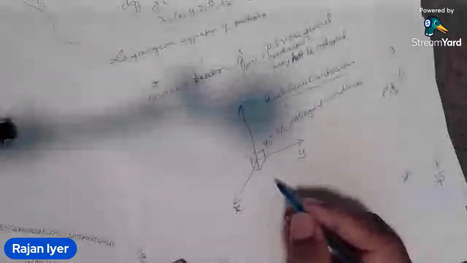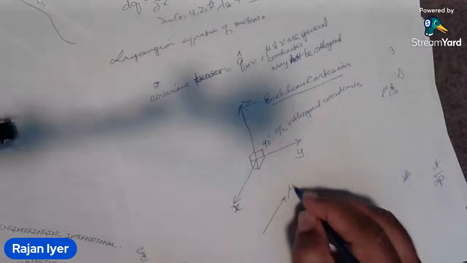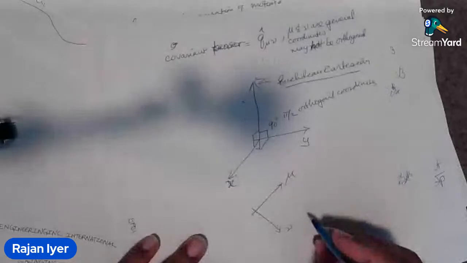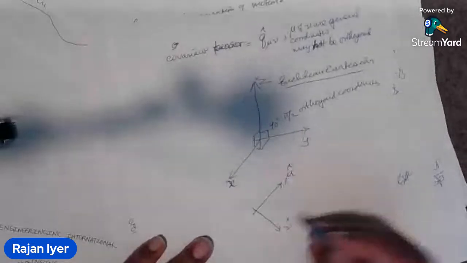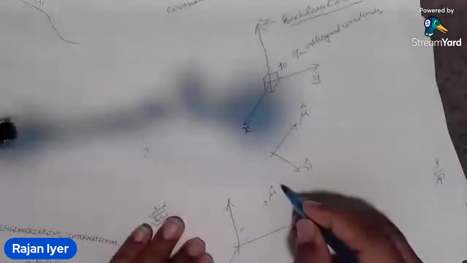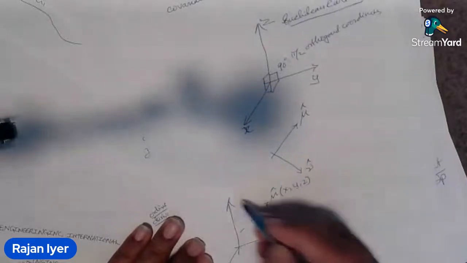So now if you go to the general thing, the mu could be somewhere here, and mu could be here, something like that. So this is a tensor. And the connection to that, if you want to connect with the Cartesian, for example, the mu may look like that. So mu will be a function of x, y, z in general, right?